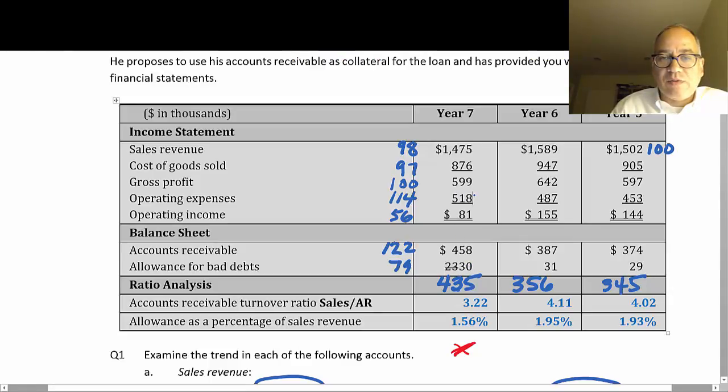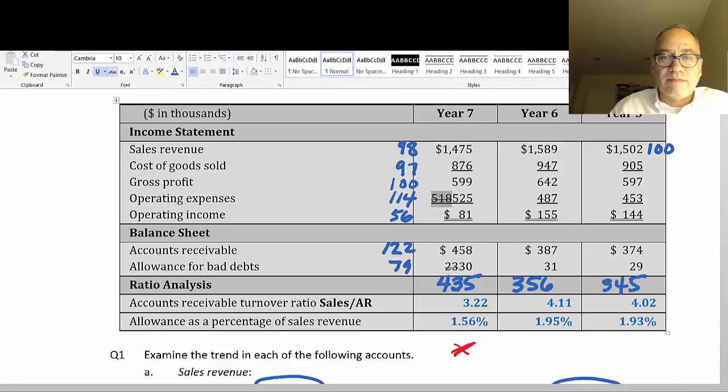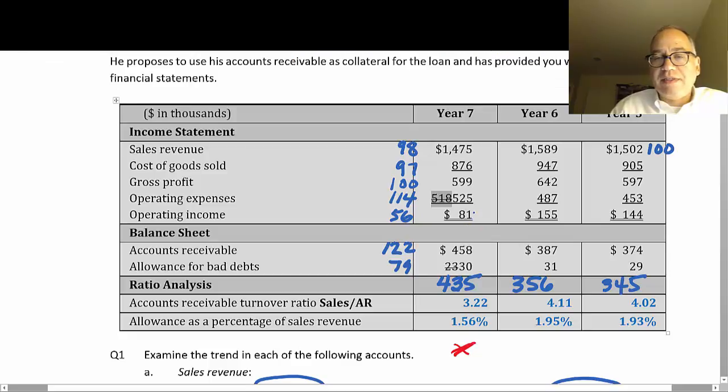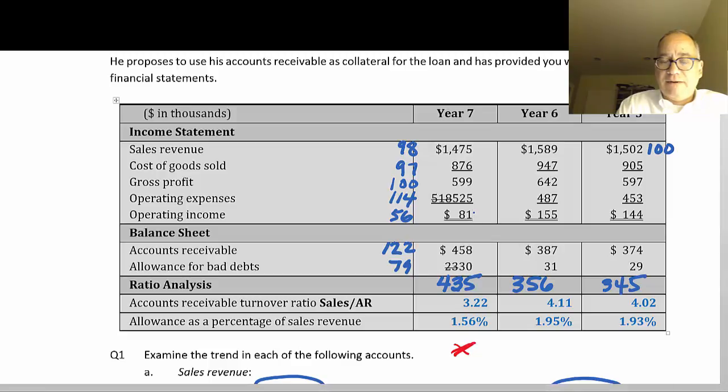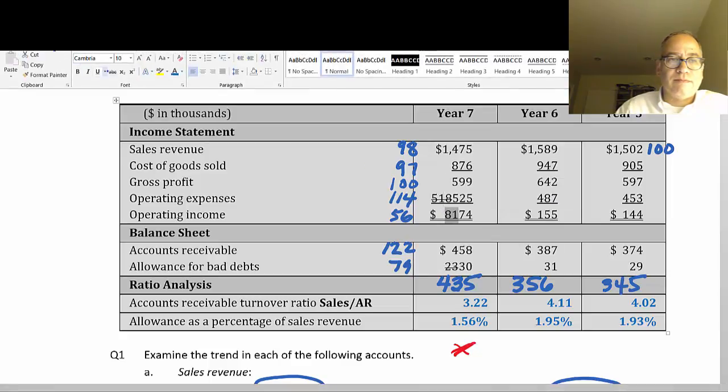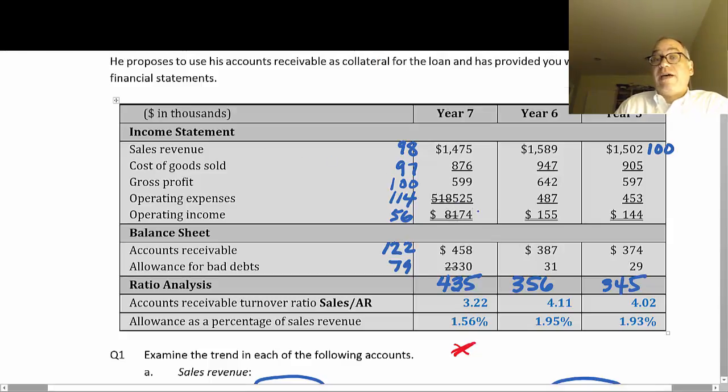Then operating expenses would also be 7 higher, or 525. And then operating income would be 7 lower, or 74. So the company did even worse than we expected.